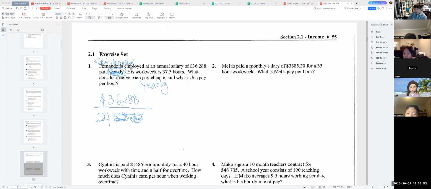Okay, so let's take a look at this one. Mel is paid a monthly salary of 3,385.20. 所以说她每个月 so she is earning 3,385.20 monthly. So every month she gets that much, right? But for that month, she works 35 hours, right?